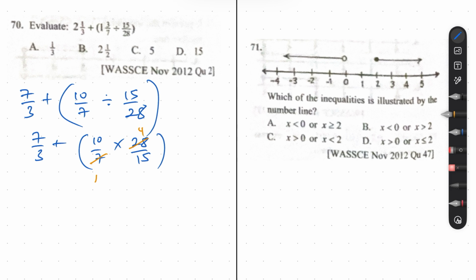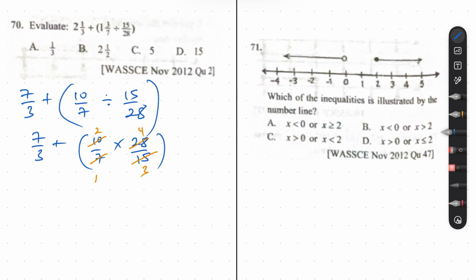Now 5 goes into 10 how many times? Twice. And into 15 how many times? 3. Okay, so now we can multiply the rest and then we get our answer. So 2 times 4 is 8, over 1 times 3 is 3. Then plus this one will come down, 7 over 3.